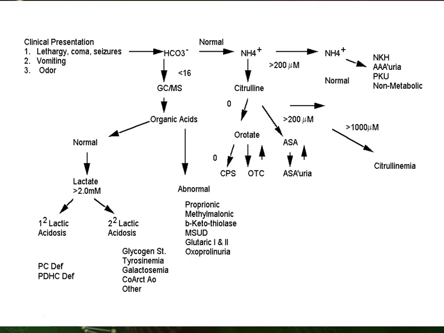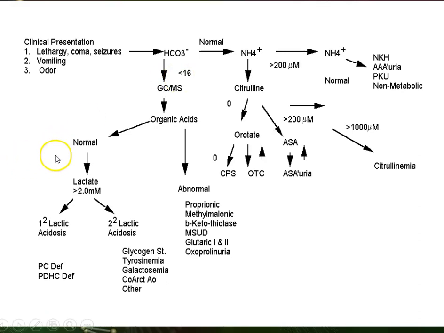This is a diagram. It's certainly not perfect, but it's one of the best I've found to try to look at this. So here we have the clinical presentation of lethargy, coma, seizures, vomiting, maybe abnormal odor. Is the baby acidotic? What is the HCO3? If the baby is acidotic, if it's less than 16, where is that acid coming from?